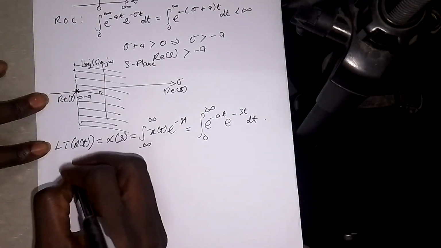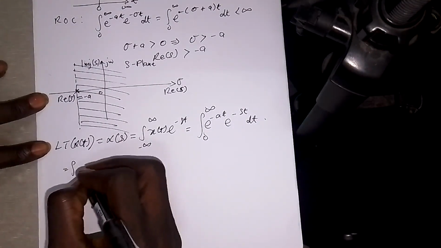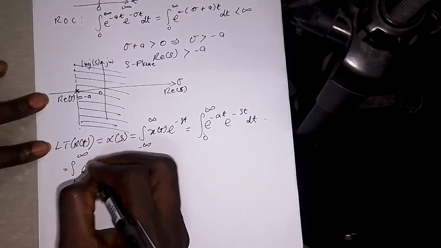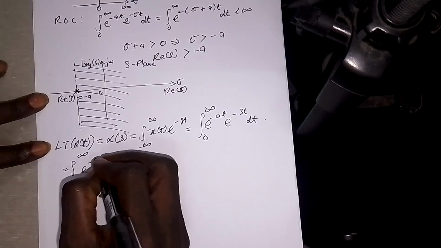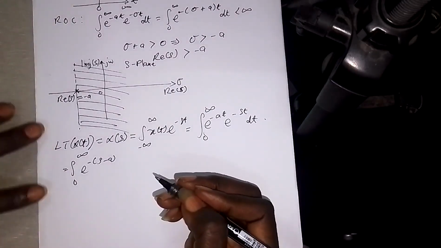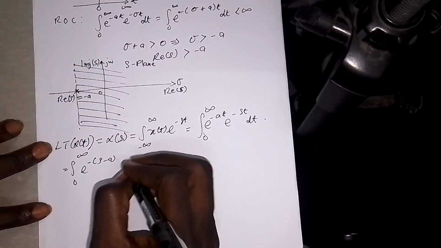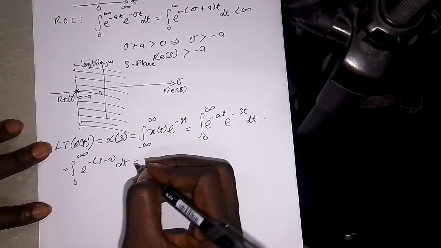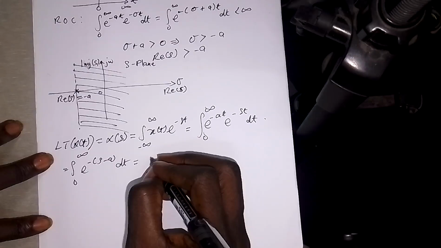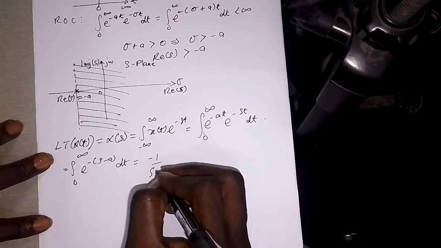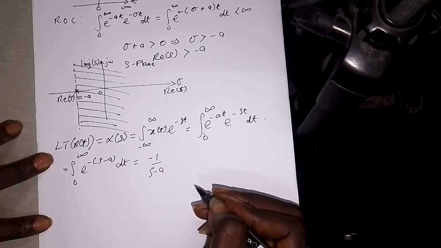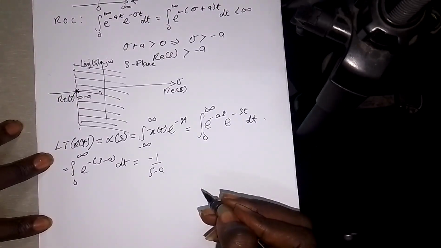So now I can have the integral from 0 to infinity of e^(-(s-a)t) dt, which is going to be equal to 1 over minus (s minus a).